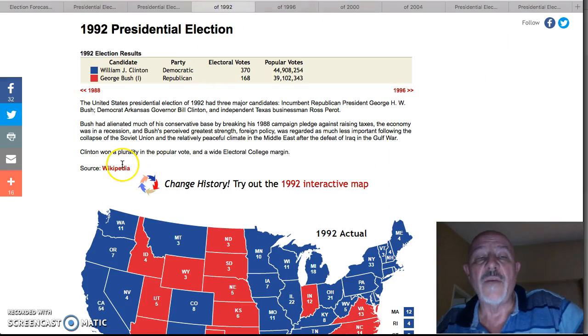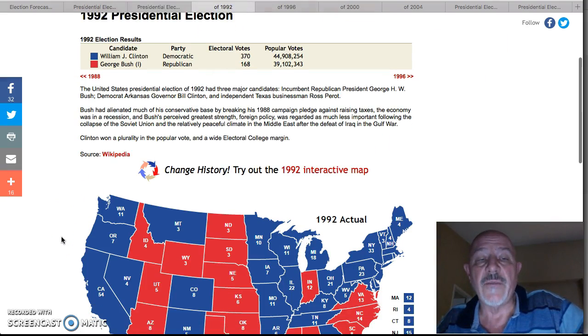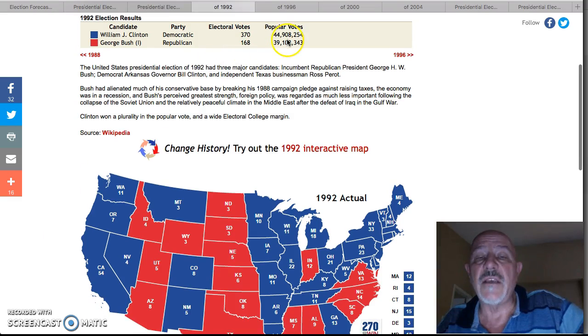This was Bill Clinton's first election, and in it you can see that he garnered almost 45 million votes versus the incumbent, President George H.W. Bush, who had a little less than 40 million. Clinton had 370 electoral votes. 168 went to President Bush.